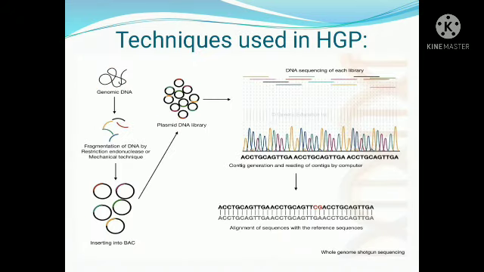Now look at the picture. You can see that a genome, a DNA, is fragmented and inserted into a vector, and certain enzymes are arranged so that the processing goes on, and afterwards DNA sequencing is done, and the codons are identified, and based on that the base pairs are identified here.